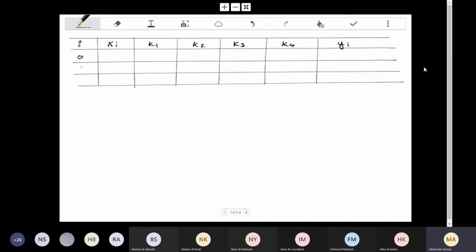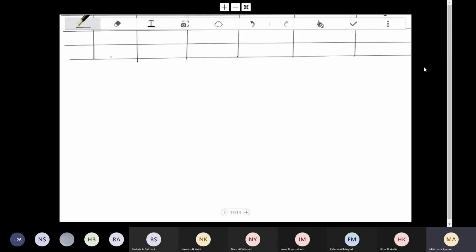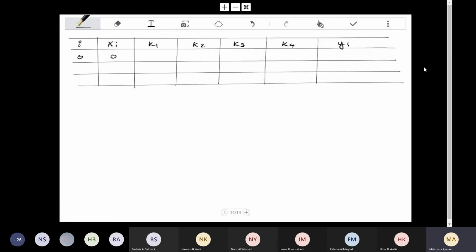So when i is equal to 0, xi is 0 and yi is 5 here. When i is equal to 1, xi is, calculating the values, x0 is 0, x1 is, okay, let me write the formula above. So we have x i plus 1 is x0 plus i times h.